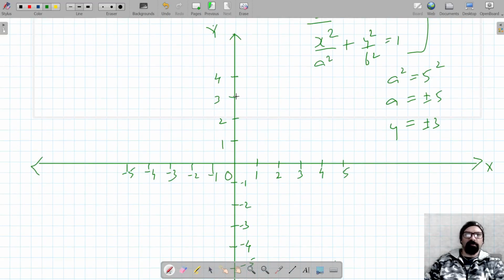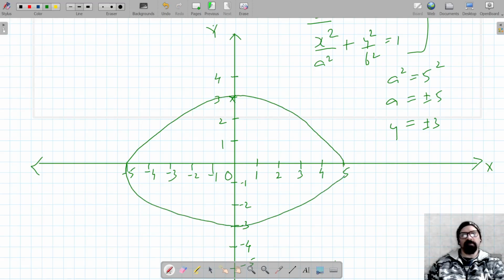So our ellipse goes like this. Semi-major axis is 5 units, and the semi-minor axis is 3 units.